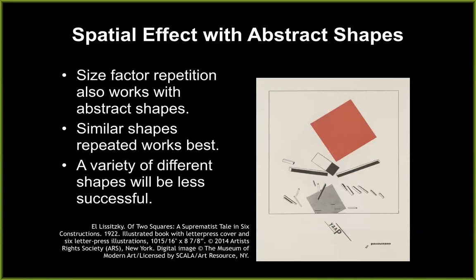Again, it works best if you use similar shapes. If you had a bunch of circles and triangles and octagons in this example, it may not read as well. But since they're basically all rectangular shapes, we get a sense that there are objects in the foreground and objects further away from us.